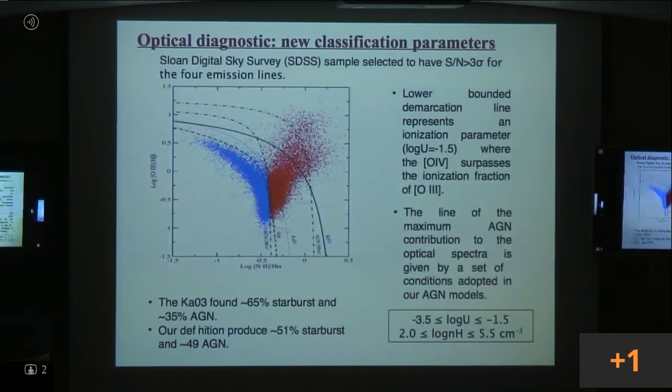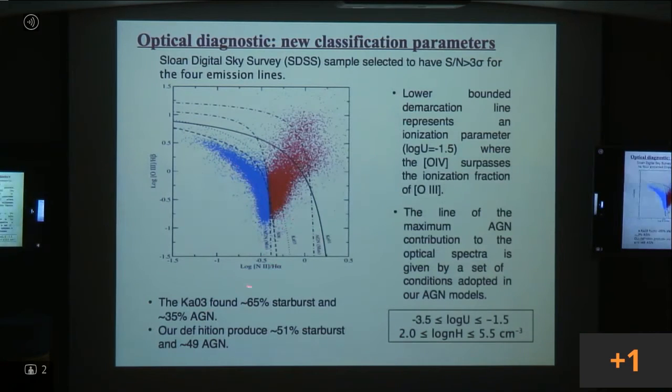And then, using the physical conditions derived from the mid-infrared diagram, we predict the typical optical emission lines, oxygen 3, H beta, nitrogen 2, and H alpha, to build a minimal demarcation line.